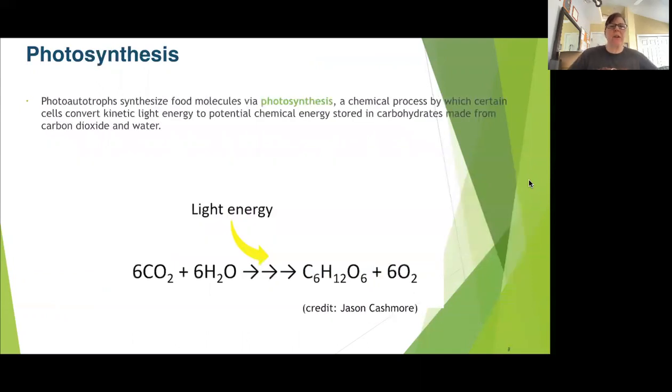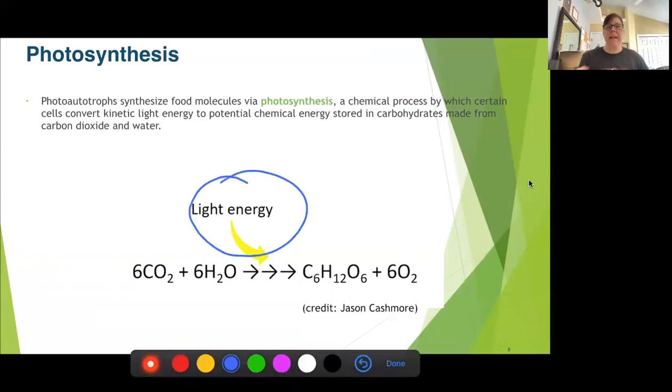Photoautotrophs synthesize food via photosynthesis, a chemical process by which a cell converts kinetic light energy into potential energy. That potential energy is locked up in the chemical bonds in the sugar molecule. We make that sugar by combining water with carbon dioxide.